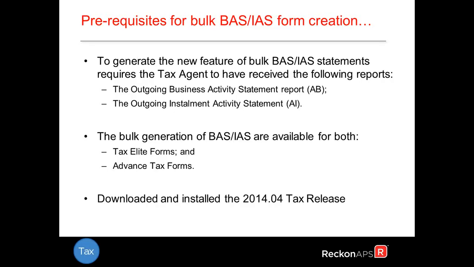Without further ado, let's get stuck into challenges and scenarios. The prerequisites for bulk BAS or IAS form creation. In order to generate the activity statements in bulk, the tax agent needs to ensure that they have received the following reports: the outgoing business activity statement report, being the AB, and the outgoing instalment activity statement report, being the AI.